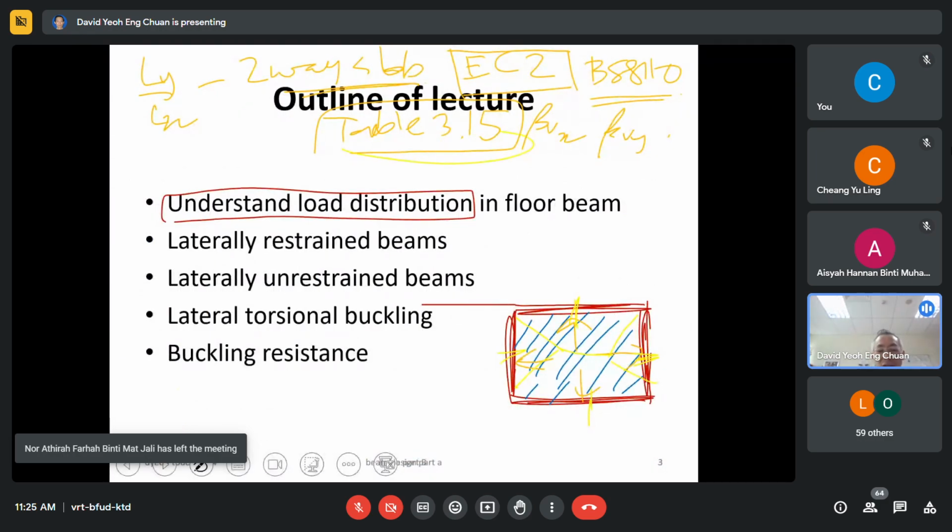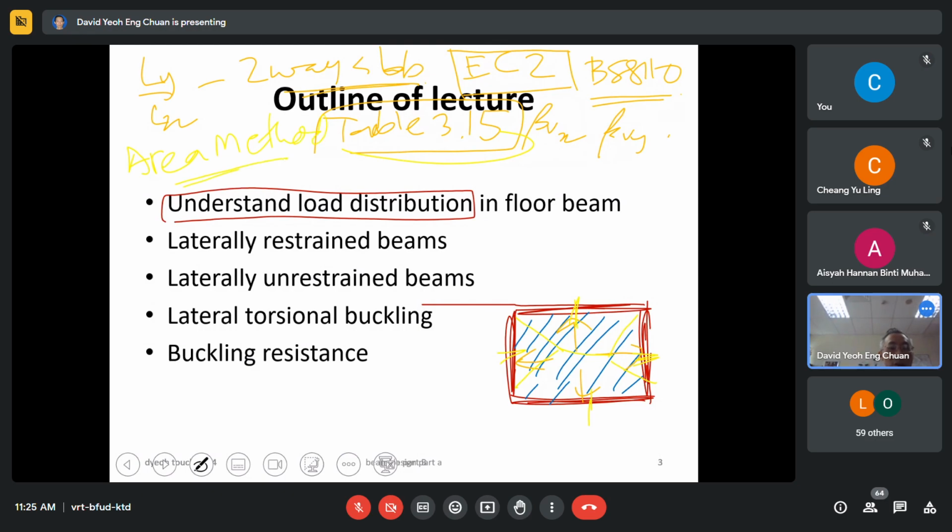Another method: you can use the area method. If you have the module, the module has a table that provides all these areas, either triangle or trapezoidal. You should have covered this during RC design. Then there's another method, the empirical formula.